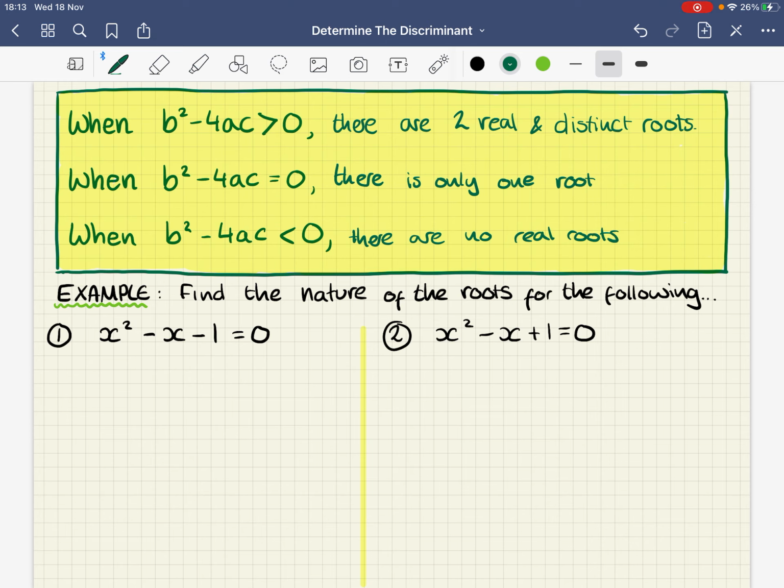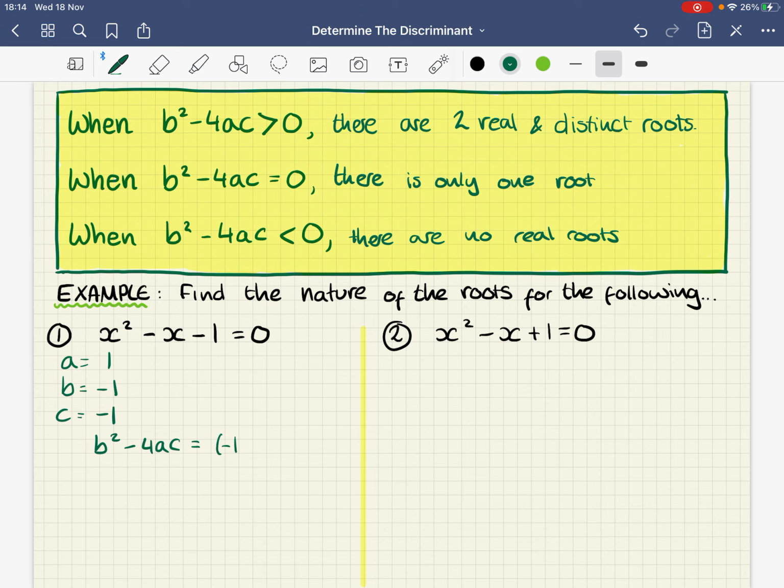So using this, we are now going to try and find the nature of the roots for the following questions. So it's kind of like our quadratic formula. I still need to identify my a, my b, and my c. So in this case, a is 1, b is -1, c is -1. But then all I want to use is that little bit of my formula, the b squared minus 4ac.